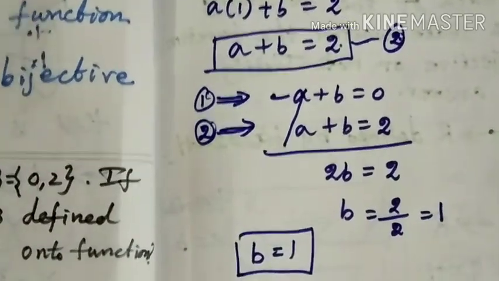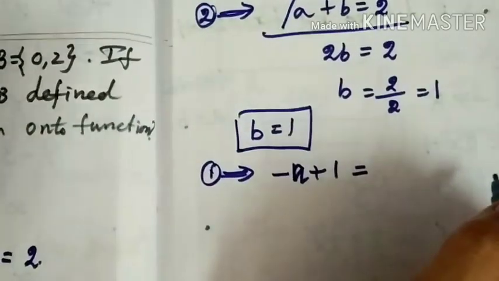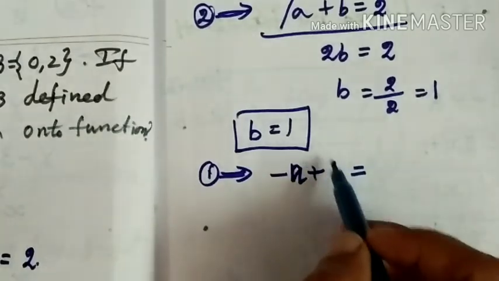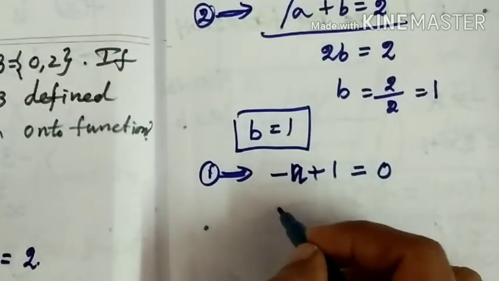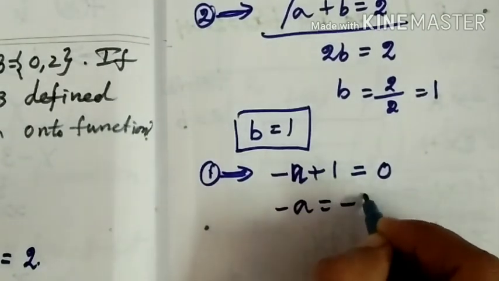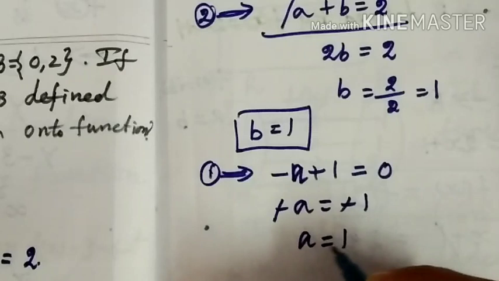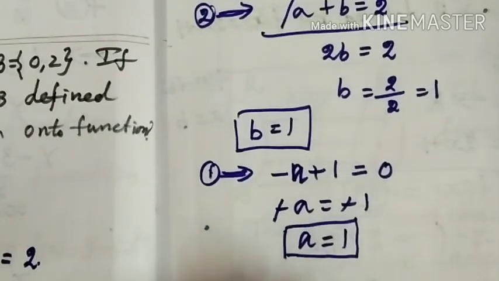Now, substitute this value in equation number 1, we get minus a plus b; instead of b, you apply 1, equal to 0, which is minus a equal to minus 1, minus minus cancel, therefore a equal to 1. Hence, the value of a is also 1. Therefore, a equal to 1 and b equal to 1.